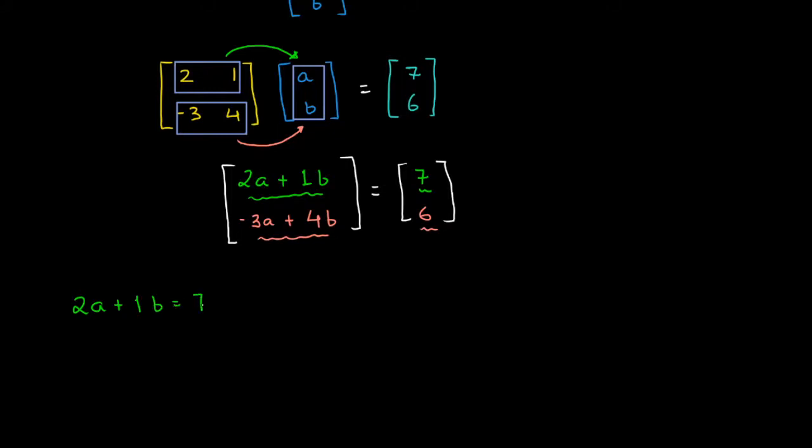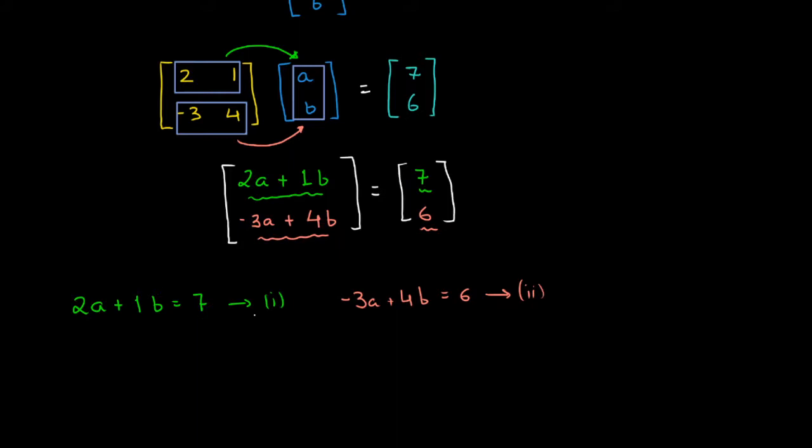2A plus B is equal to 7. This is my first equation. And minus 3A plus 4B equal to 6 is my second equation. And now how do I solve these two? Make sure that the variables match.